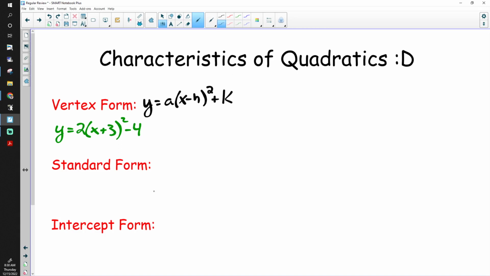Standard form is our A, B, and C. Y equals AX squared plus BX plus C. An example that I'm just going to make up might be 2x squared plus 6x minus 4. That's an example of standard form. There are no parentheses in standard form. It's just our 3 terms with our A, B, and C.